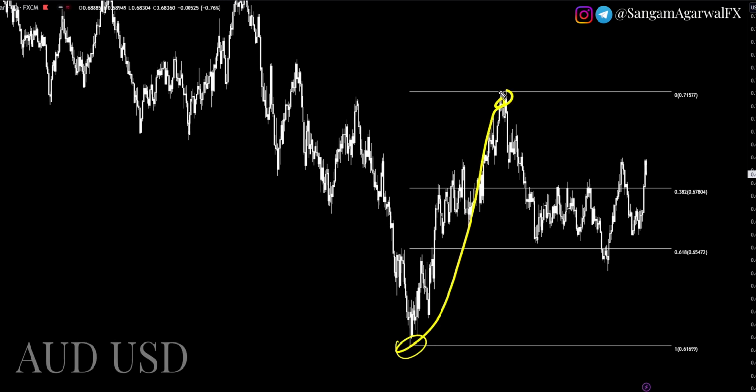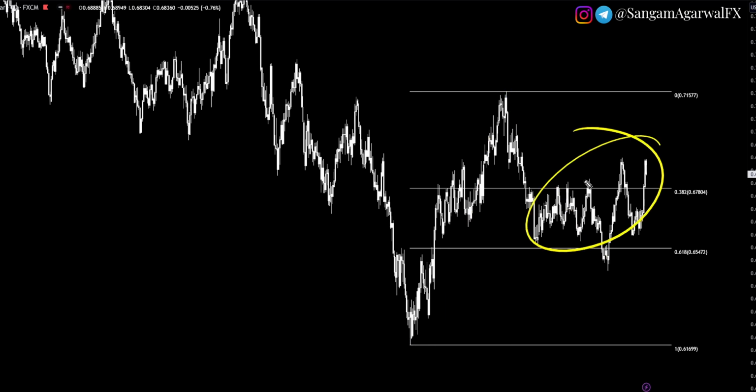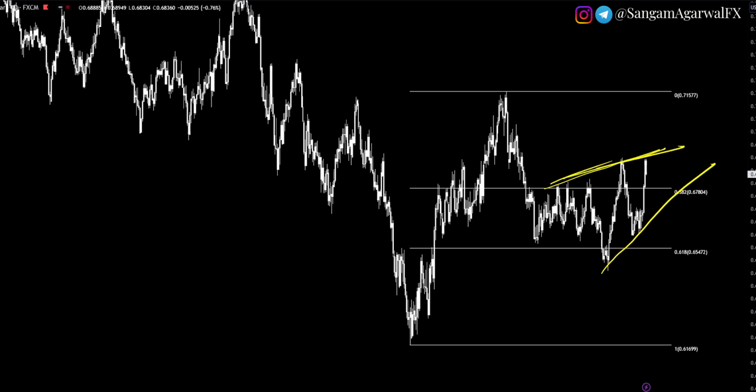And AUDUSD, it is sideways between a few retracement levels, vertically up or down. But be careful, this can be your triangle chart pattern. And right now price is almost testing the upper trend line.